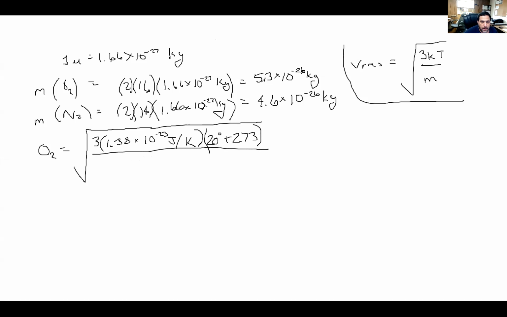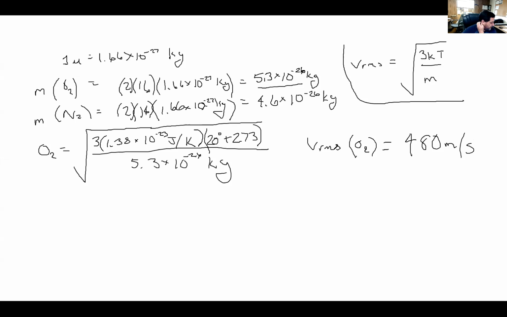And then for our oxygen, we had 5.3 times 10 to the minus 26 kilograms. So our VRMS for the O2 is 480 meters per second. That's how fast the molecules are moving around inside pure oxygen.